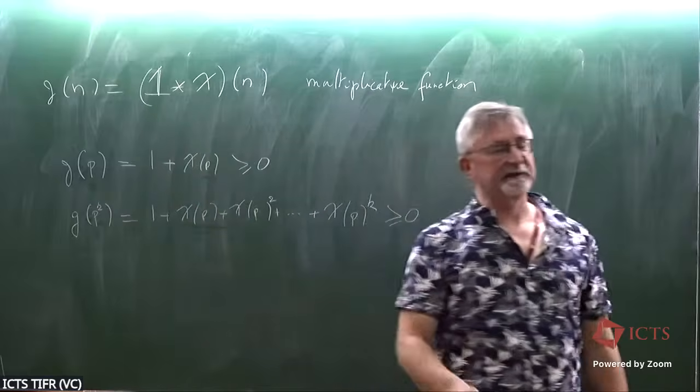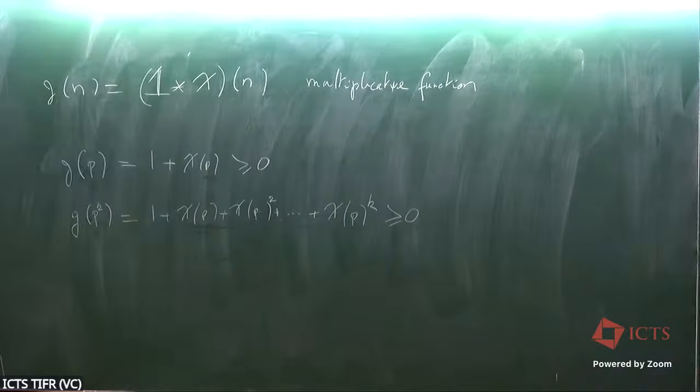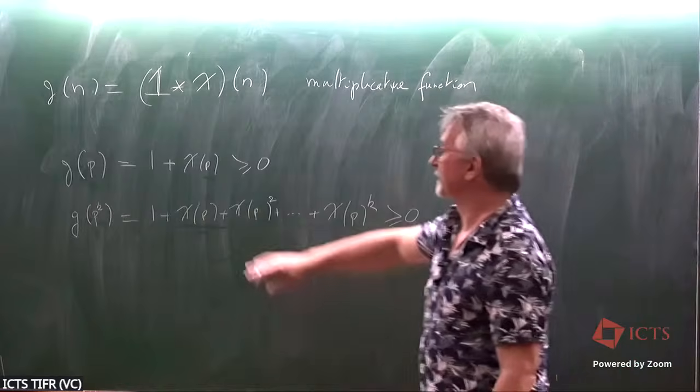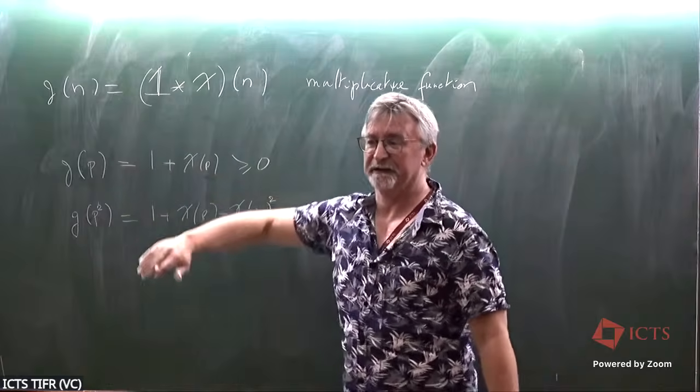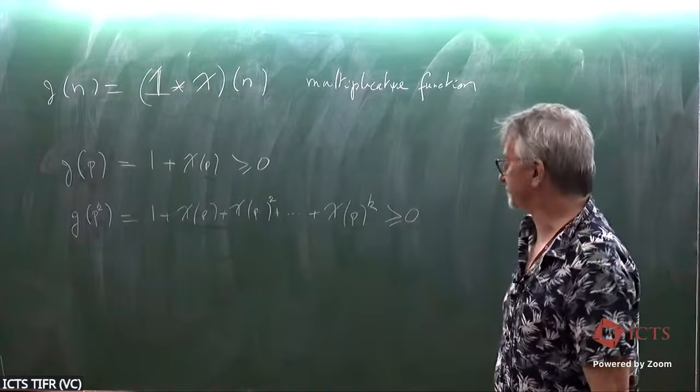You can also say that 1 star chi is in fact the number of ideals in a quadratic number field. Being a number of ideals, it's quite normal that it should be non-negative. So geometrically, this has some explanation, like many positivity properties.